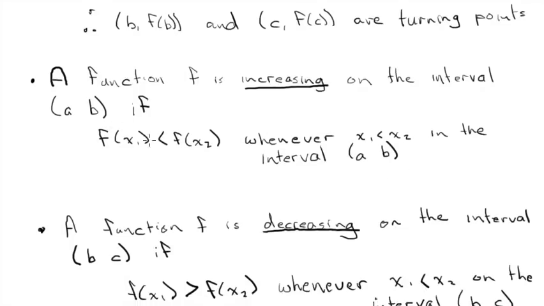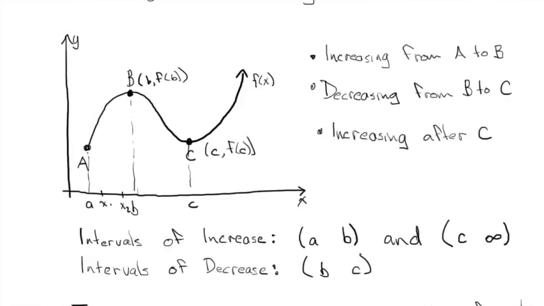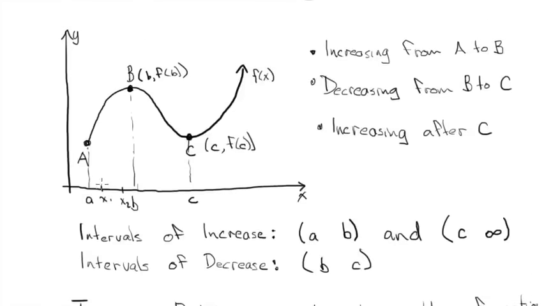Then that means f at x1 is less than f at x2. f at x1 would be the point on the curve here, this is f at x1, and f at x2 would be this point.